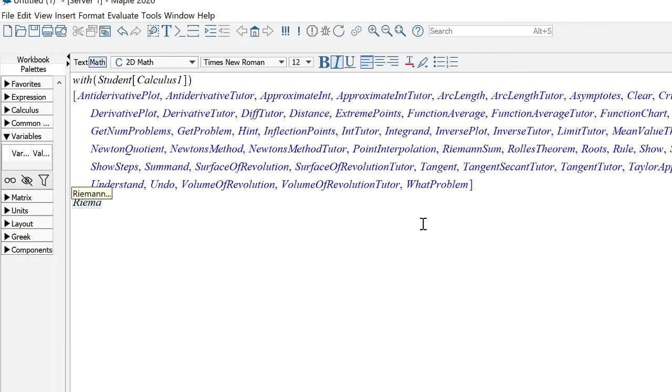So Maple actually has a Riemann sum command. Riemann was a person. He was a German mathematician. That's why his name gets capitalized.